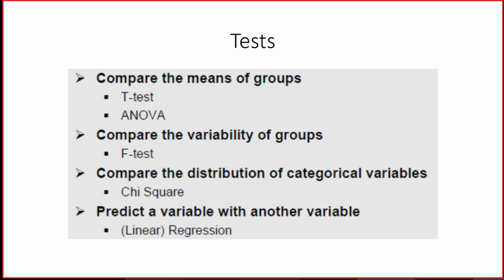There are many tests available, and the most prominently used tests are the t-test and ANOVA, and especially to compare the variability, the f-test. People concentrate more on the t-test and ANOVA.